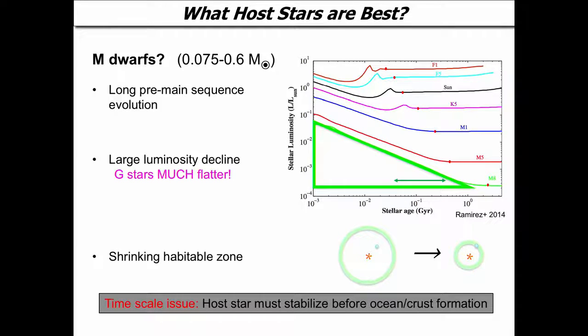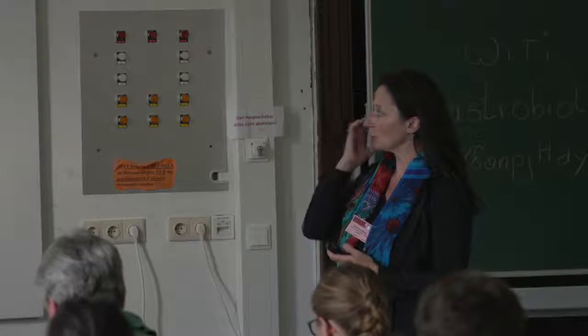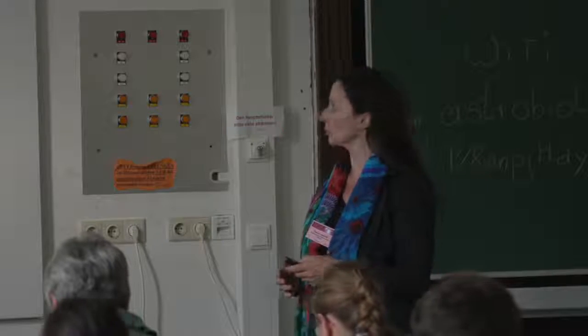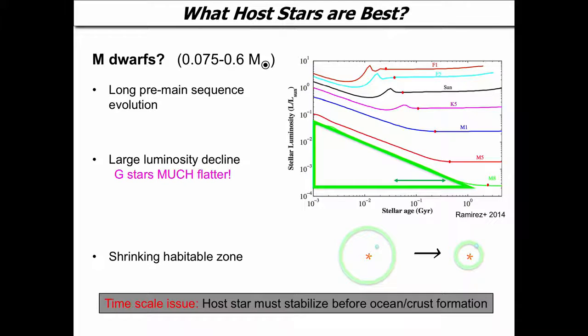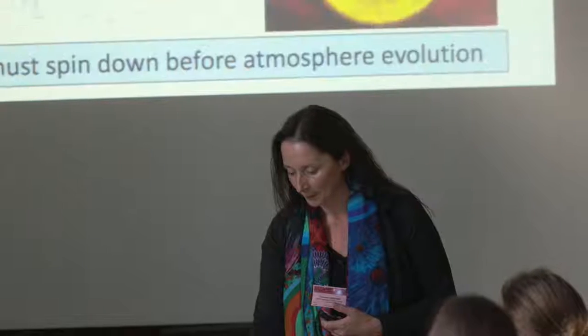So this is really a timescale issue that is not solved yet, and the host star in principle should stabilize before the ocean crust formation. We do not know at all if this is possible or not in such systems and such configurations. So in contrast to G stars, we are confronted here with changing extent or changing positions of the habitable zone with the lifetime of the star.